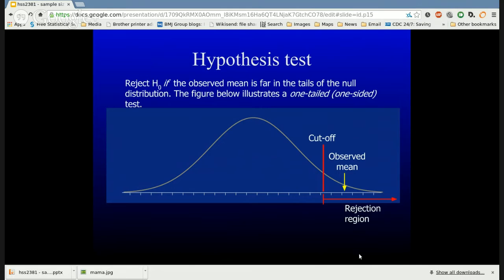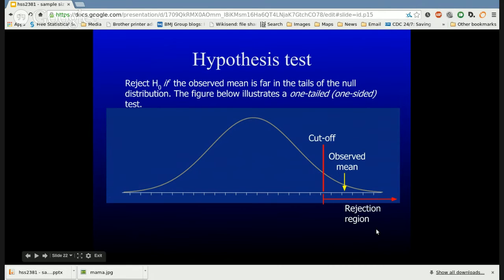Okay. So let's assume that the drug does not work, that the null hypothesis is true. In other words, the drug does not work. If the drug does not work, and I collect a bunch of samples, and I measure their change in blood pressure, I'm still going to get variability.